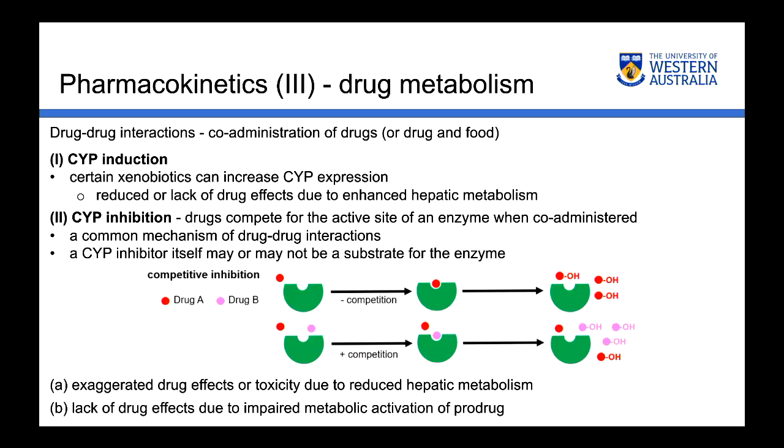Certain drugs have the ability to increase the expression of certain CYP enzymes. What it means is that if another drug is metabolized by these particular CYP enzymes, the metabolism will be enhanced because of increased expression of that enzyme. We are going to look at one example later to illustrate CYP induction as well as CYP inhibition.